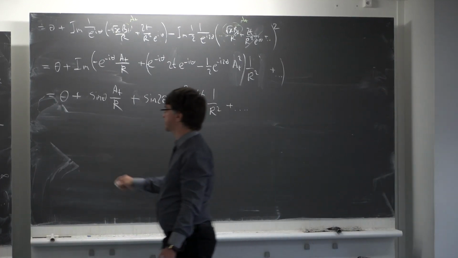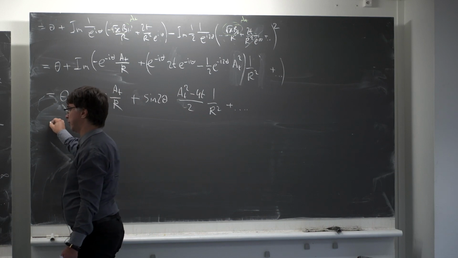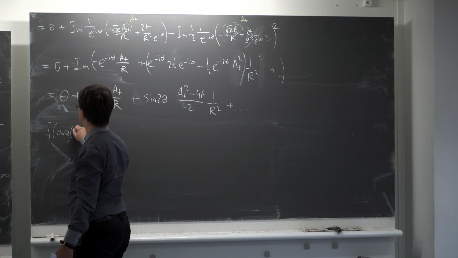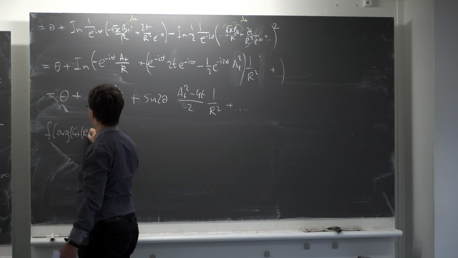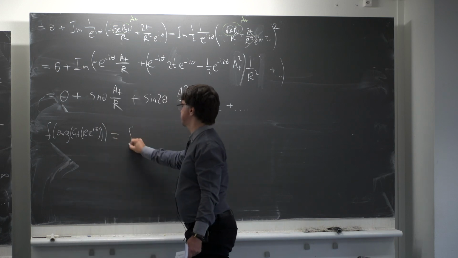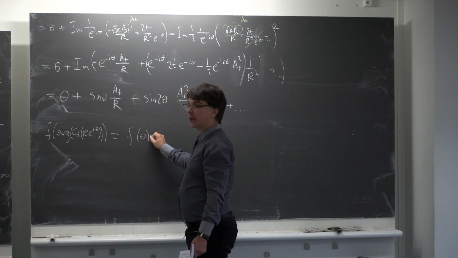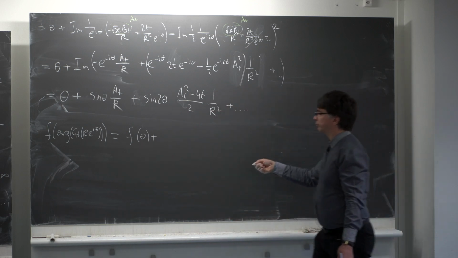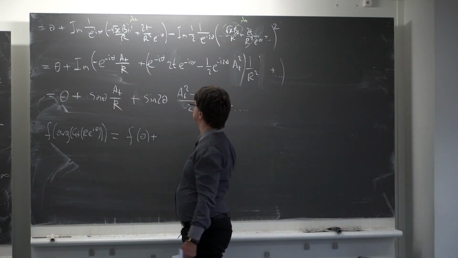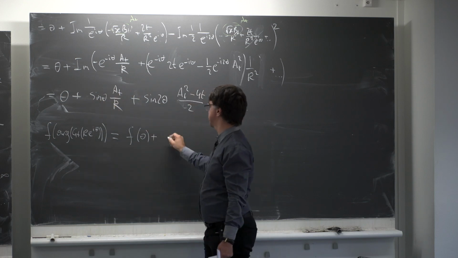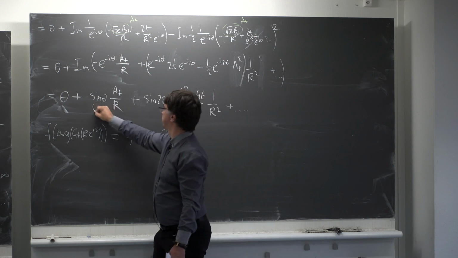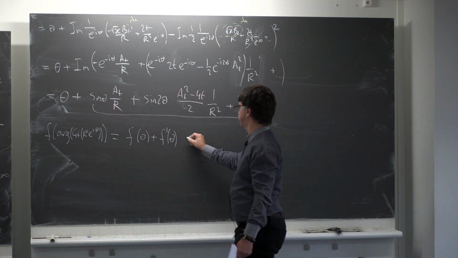And now I expand my function f of argument of gt r e to the power I theta. So this is f of theta plus the increment which we have here times f prime of theta, plus the square of this whole increment.